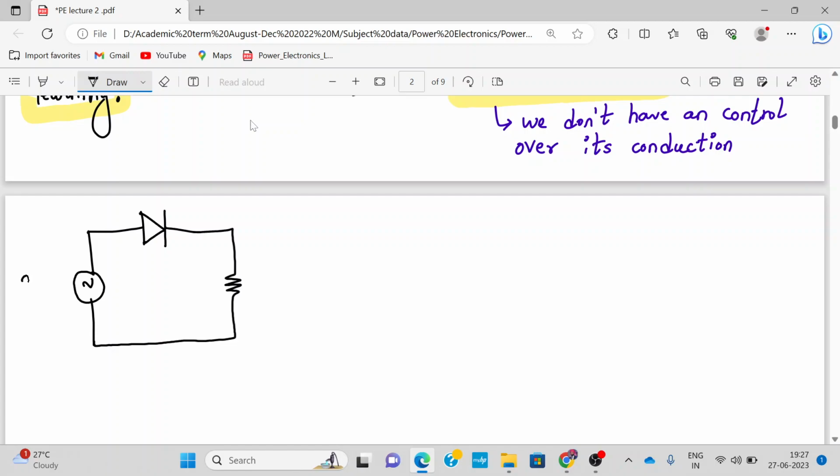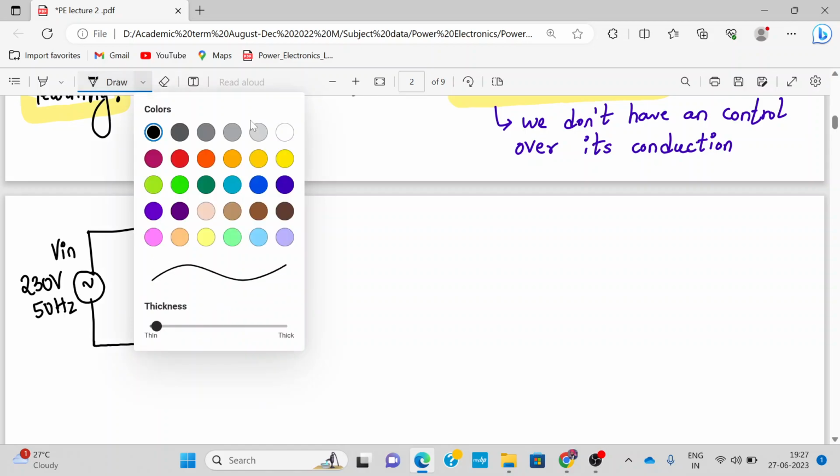Let's say this input is a 230 volts 50 hertz single phase supply. This is V in, this is my diode D1, and this is my resistor which is around 10 ohms, let's say. And we have to measure the output across the resistor, which is the load resistor.